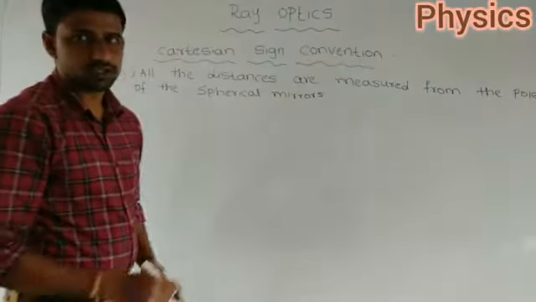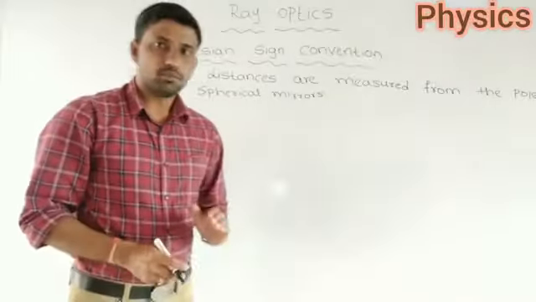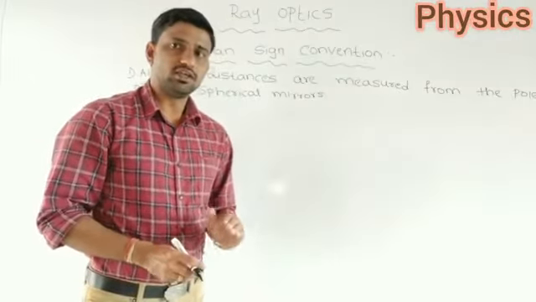So this is the first sign convention rule. All the distances we should measure from the pole of the spherical mirror.